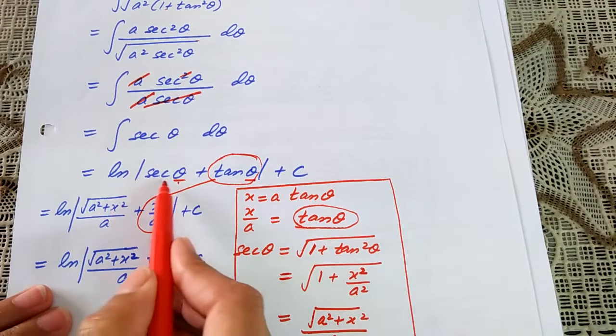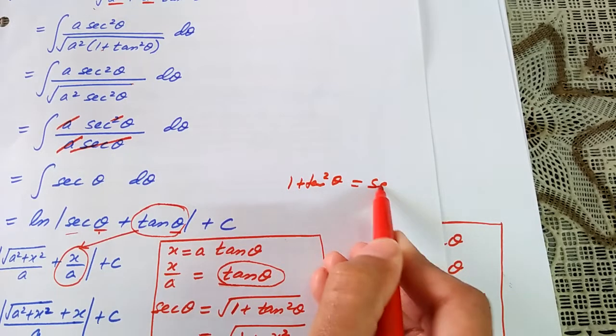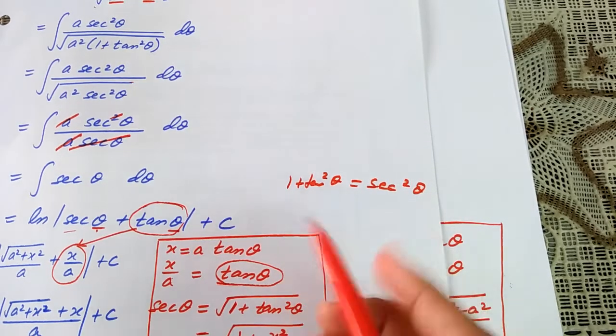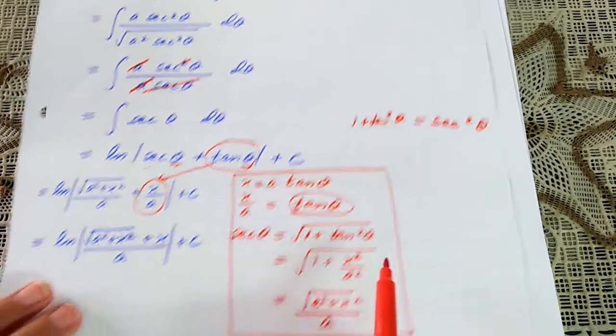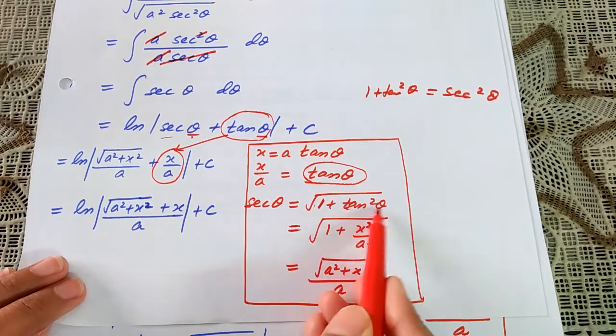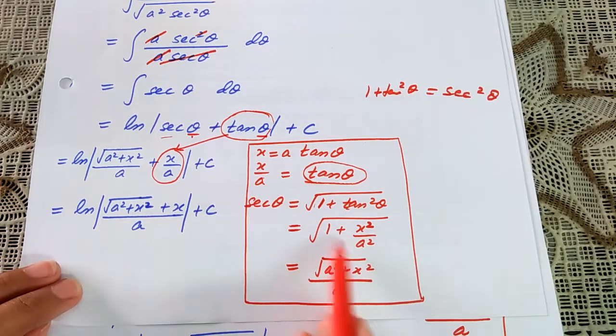Now I also need the value of secant theta. We know that 1 plus tangent square of theta equals secant square of theta. So secant theta will be the square root of 1 plus tangent square of theta. Replace tangent square of theta with x square over a square.